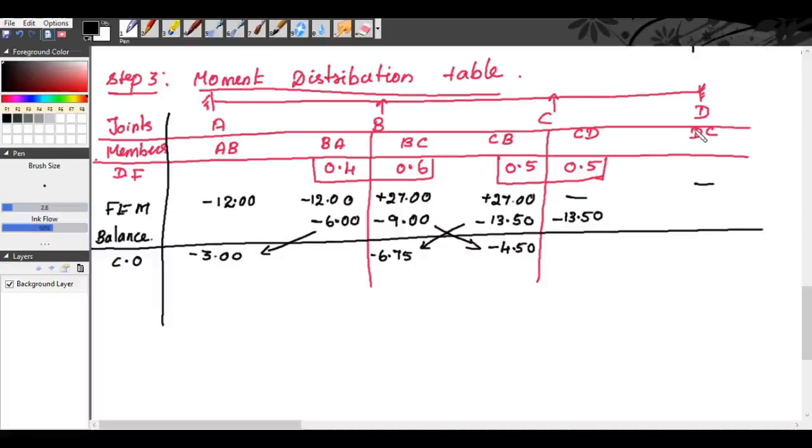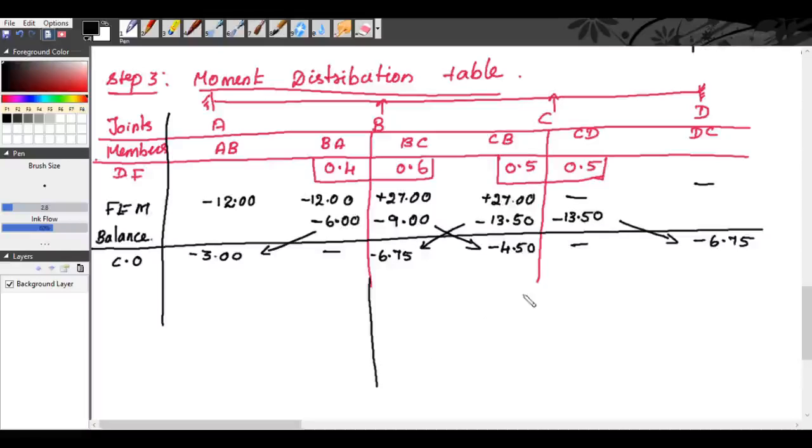Now when we consider CD, D is fixed extreme support. So from D there is no transfer to C. From C there is transfer, right? So minus 13.5 divided by 2, it is minus 6.75.